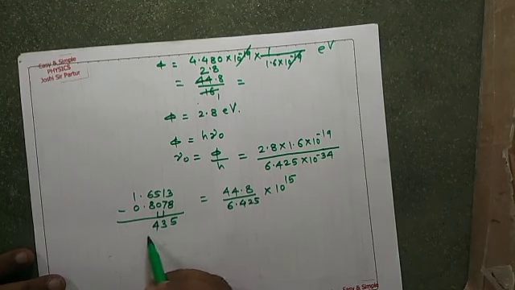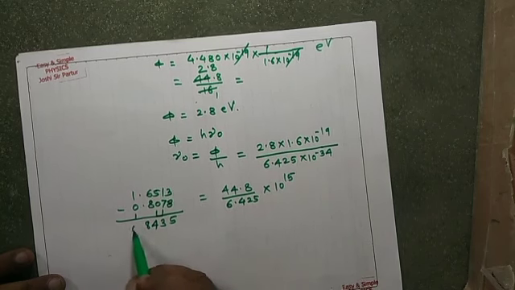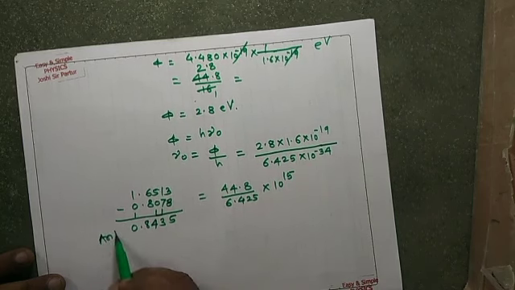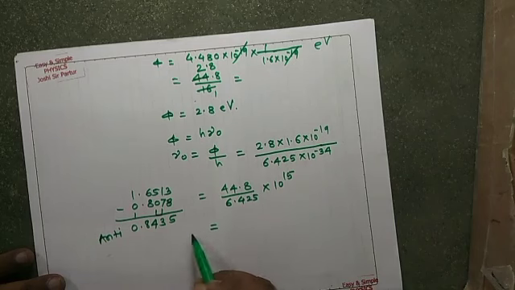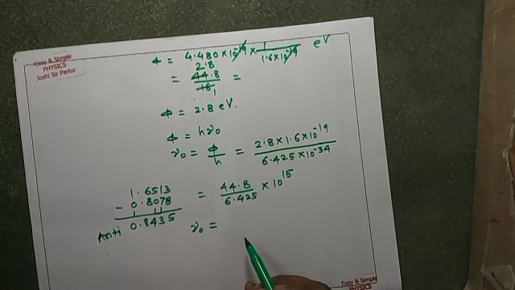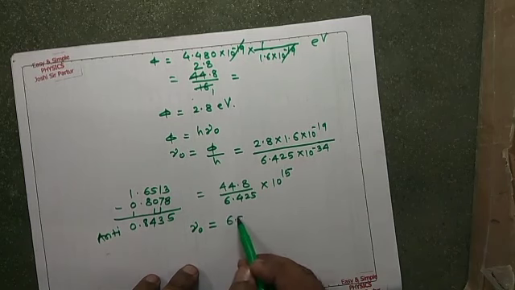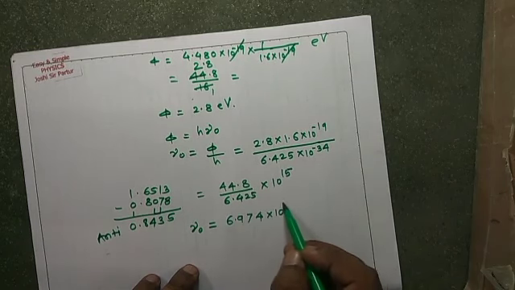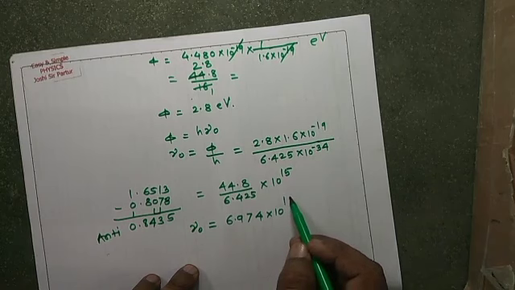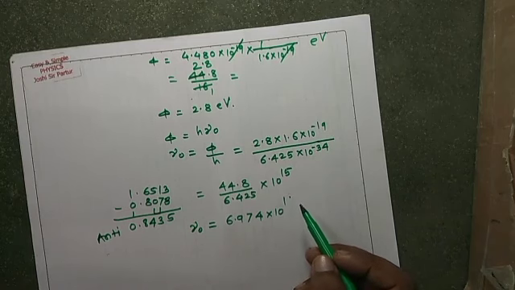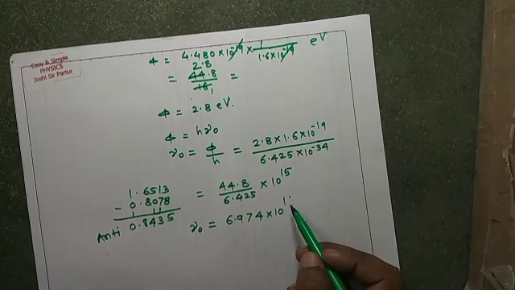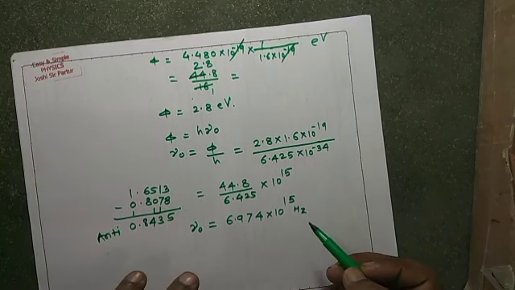From 5 1 will be subtracted, 4 is remaining. From 16 8 will be subtracted, 8 will be remaining. So antilog for 0.84, it will be nu 0 is equal to 6.974 into 10 to the power 15 hertz.